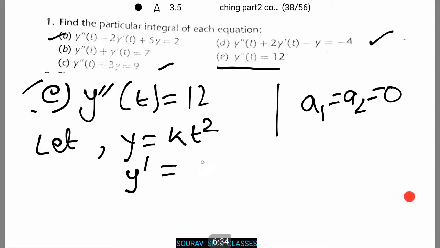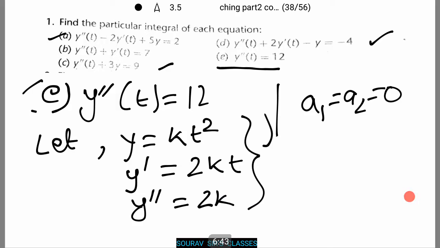Now y dash becomes 2kt and y double dash becomes 2k. Now again we'll put these values over here. Notice since y and y dash are missing, we'll only put the values of y double dash. I'll do it on the side so you can see it easily.